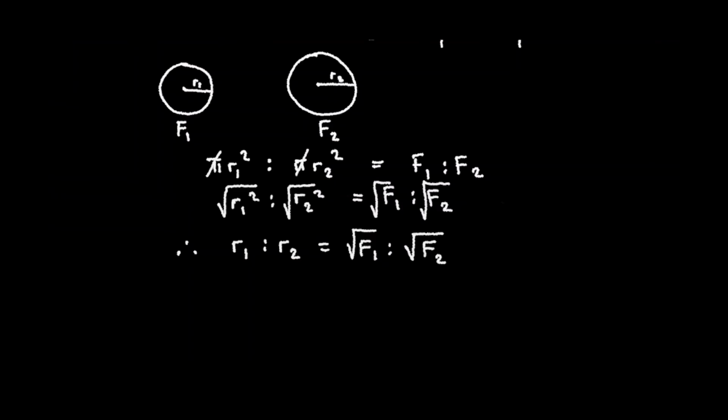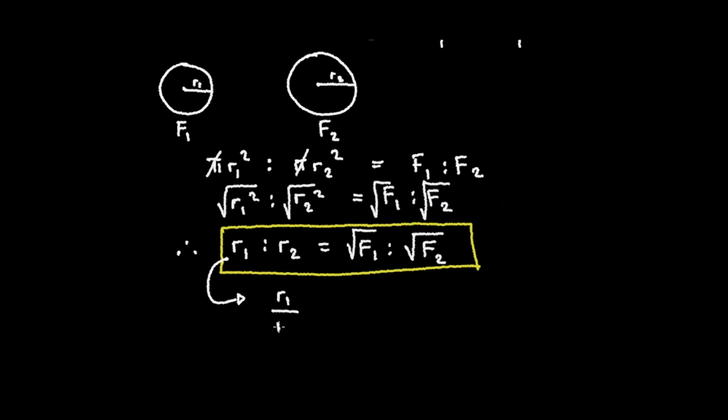That statement now is what we use when we want to compare populations using pie charts. This is what you should know, but the derivation is also important. So this statement now we can write it in this way.